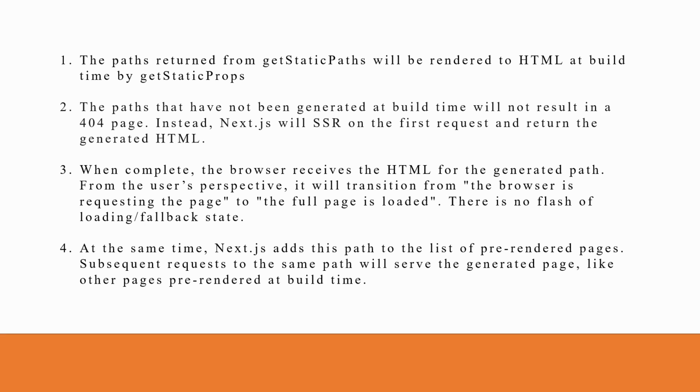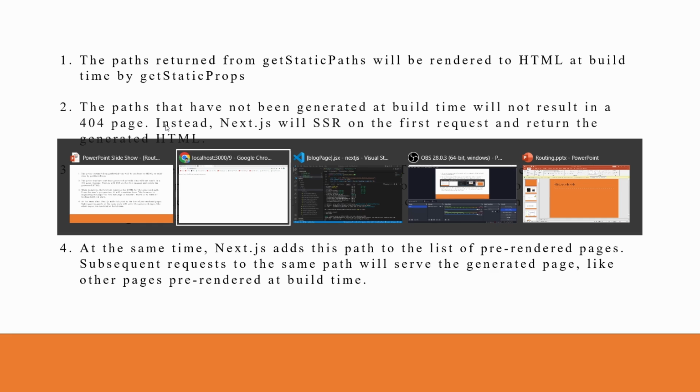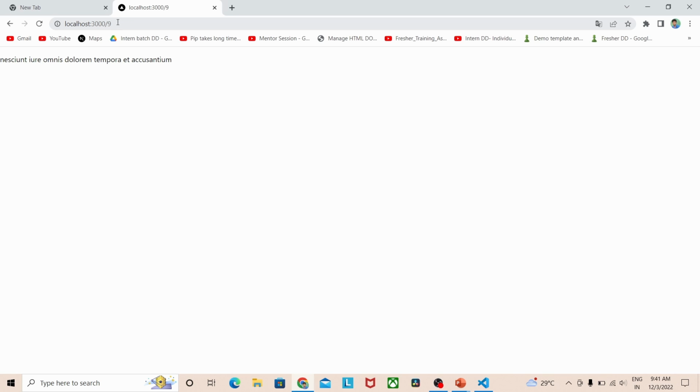After that, the route will be added subsequently at each request to the Next.js app. We have seen an example here: we generated the 9 at request time, so the route will be automatically added to the Next.js app itself.